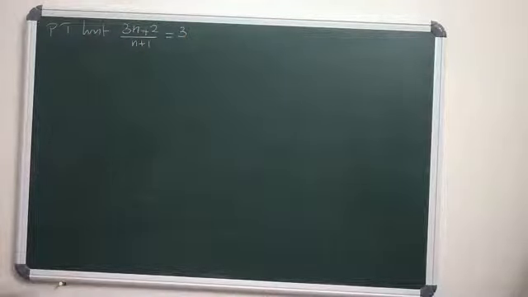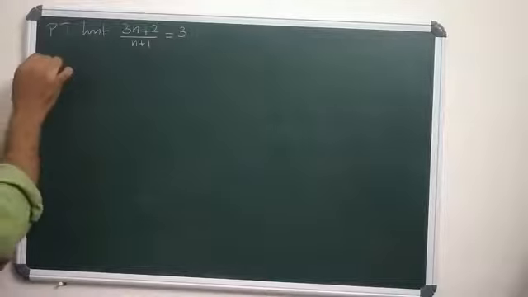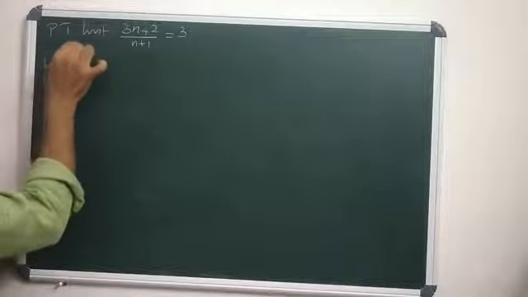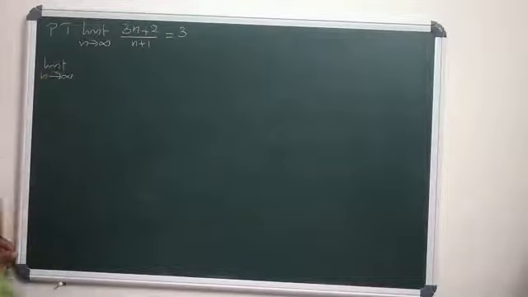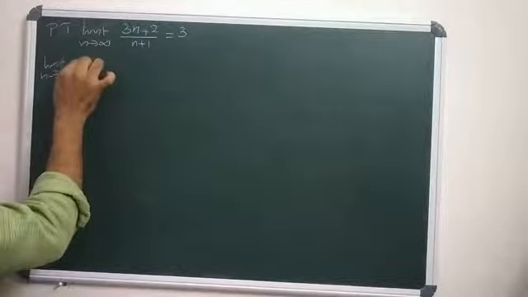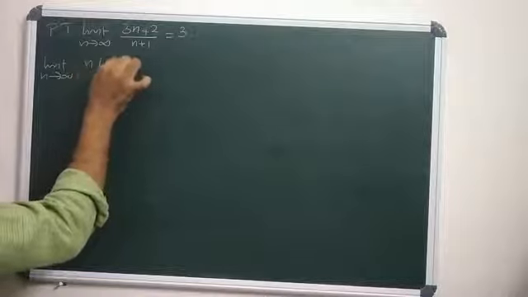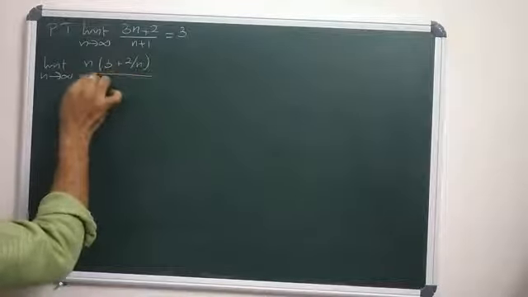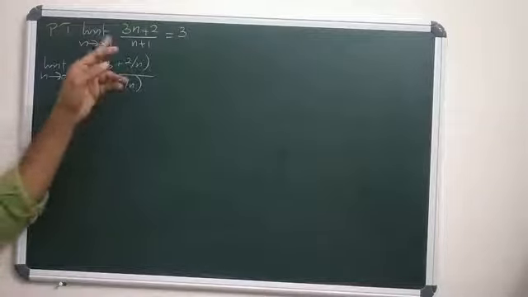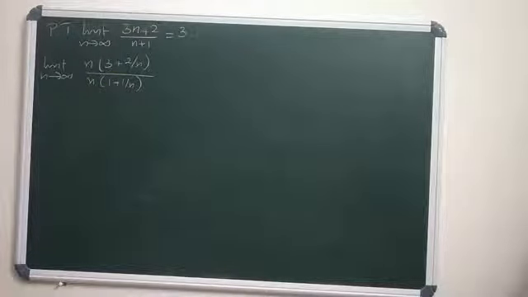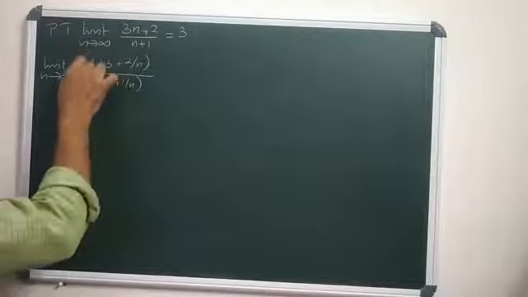So that's immediate. Why? Because in the usual way, suppose limit as n goes to infinity, we rewrite it as the limit as n goes to infinity of n times (3 + 2/n) over n times (1 + 1/n). Put an n outside from numerator and denominator, and they cancel each other.